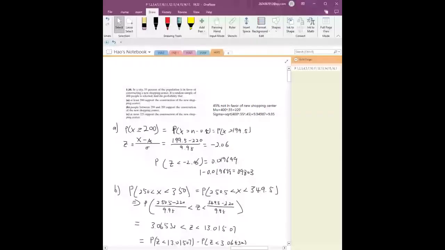All right, we're left with Hao and Xiu Yu. Question number 5.20. In a study, 55% of the population is in favor of constructing a new shopping center.